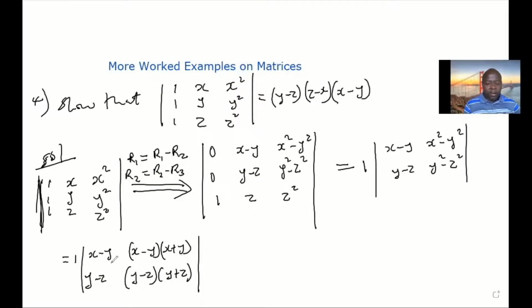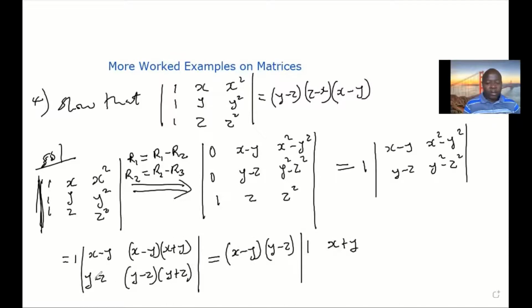You notice that the first row has a common term, x minus y, and the second row has a common term, y minus z. So let's just factor out the common terms. X minus y is a common term in the first row, and y minus z is a common term in the second row. So x minus y will go here once, and it will go here x plus y.